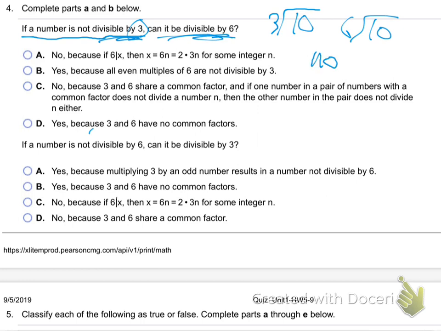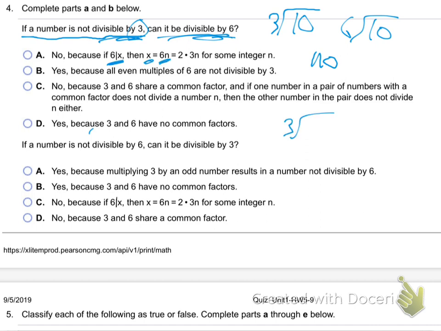No, it looks like no is probably the answer. I mean, I might just have picked a weird example, but probably not. Probably the answer is just no. In fact, that is the answer. And the reason is because if 6 divides into a number, then that number is made out of 6 times n.